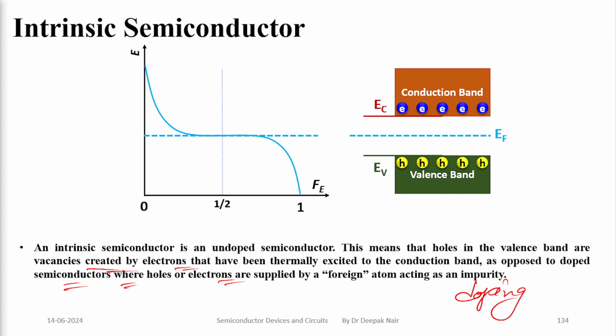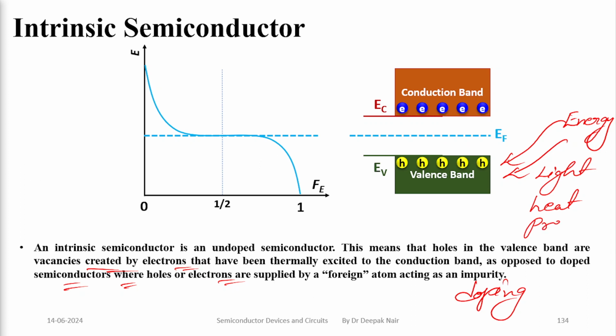The more energy you apply externally to the semiconductor, and what are the different energies that we can apply? We can apply light, we can apply heat, or we can even apply pressure.